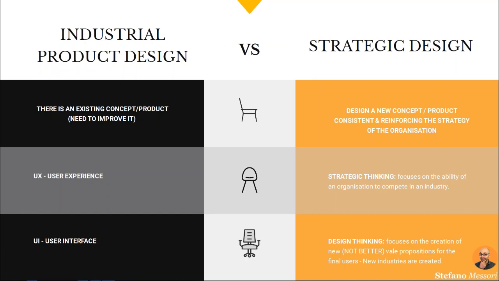What is the starting point for an industrial designer? Well, the starting point for the industrial designer is an existing concept or a product. Now, I am a very visual person, and it's in my nature to try to find real case examples for this. And I use a very simple object like a chair.